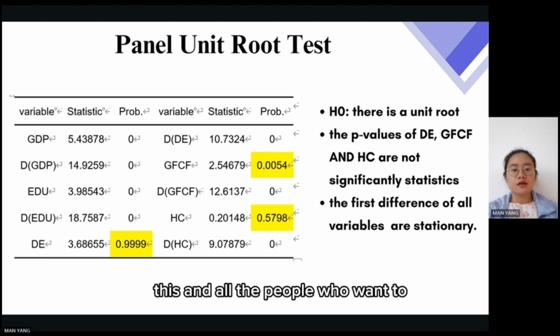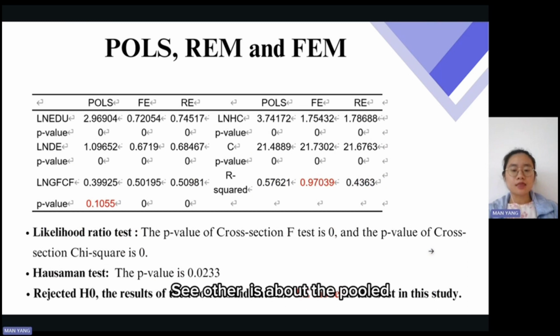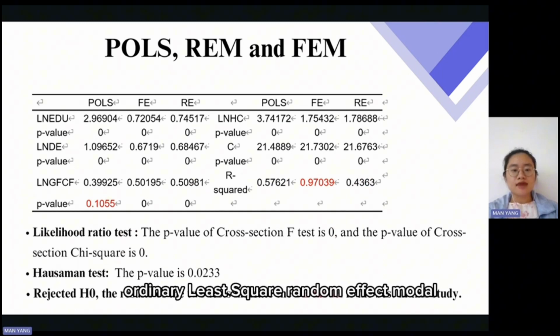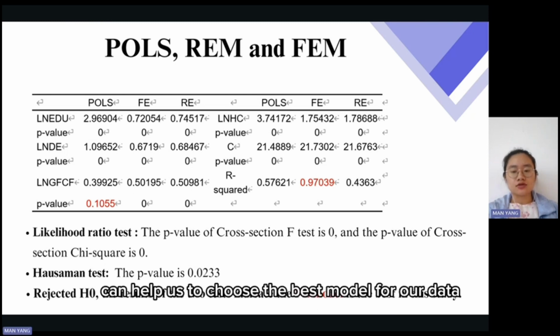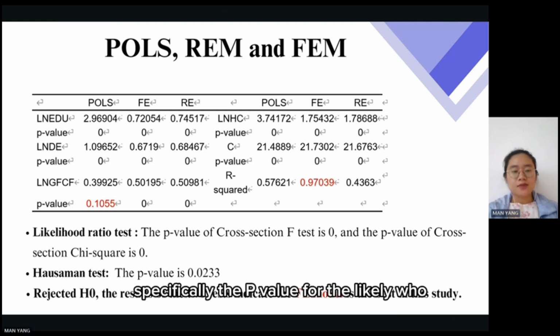And moving on to the pooled ordinary least squares, random effects model, and fixed effects model. The likelihood ratio test and the Hausman test can help us to choose the best model for our data.